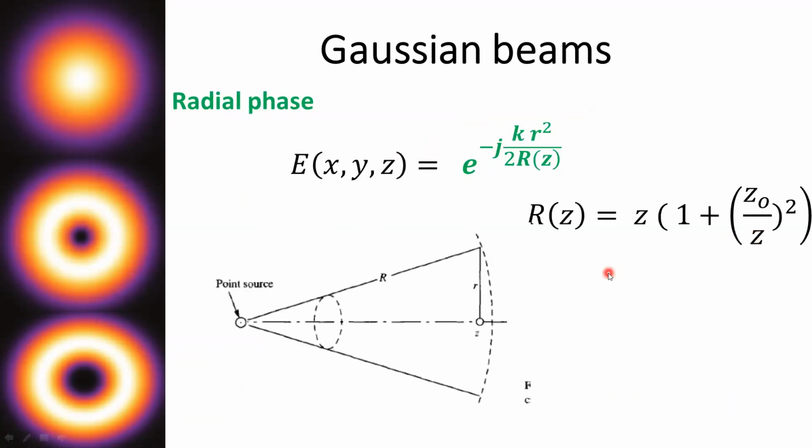The main and the only important information I need you to keep in your mind regarding this radial phase is simply that the phase is a function of the radius. That's very simple. When a phase is a function of the radius, that means that the wave is propagating with a radial phase, not a planar phase.